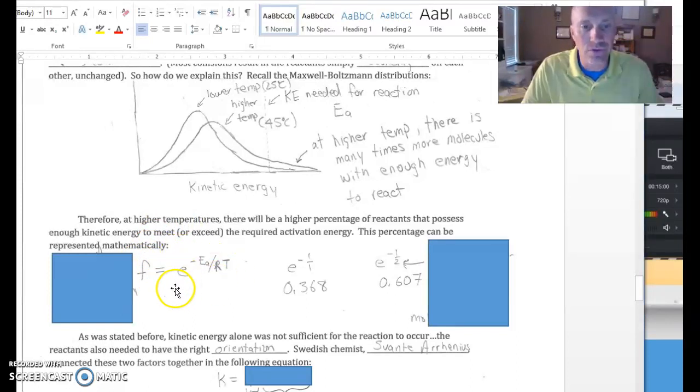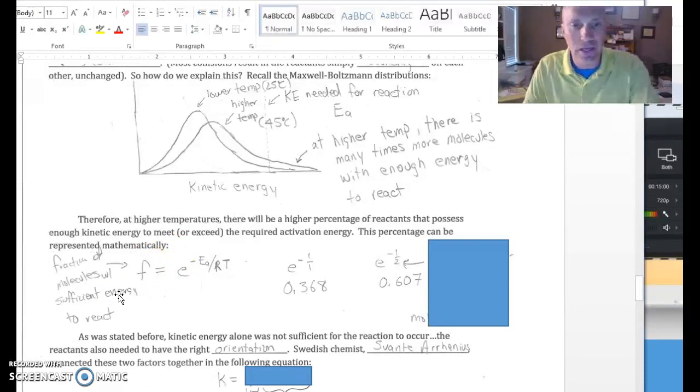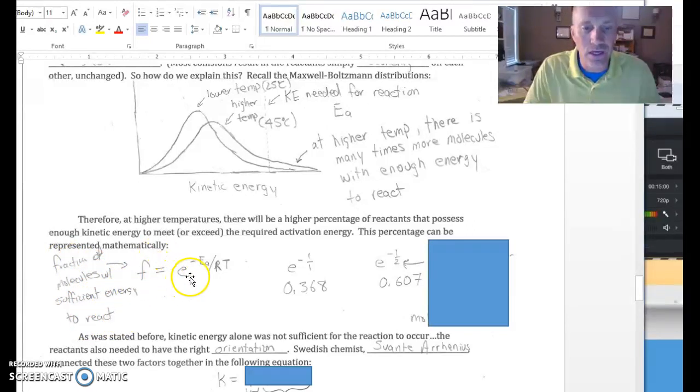So first of all, what does F represent? F is going to be the fraction of molecules with sufficient energy to react. E, hopefully you recognize that from your mathematics courses. EA is the energy of activation, which would correspond to that energy that is required.